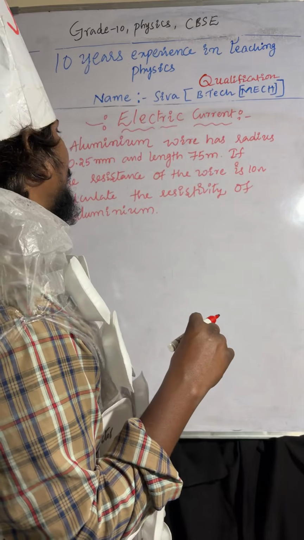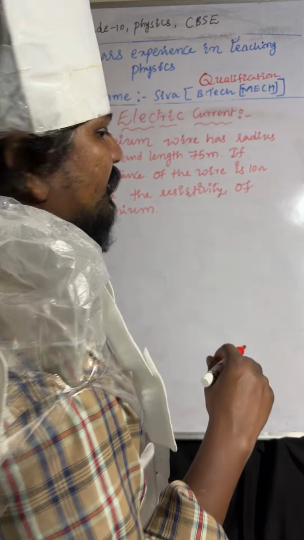If the resistance of the wire is 10 ohm, calculate the resistivity of aluminum. So we have to find out the resistivity.